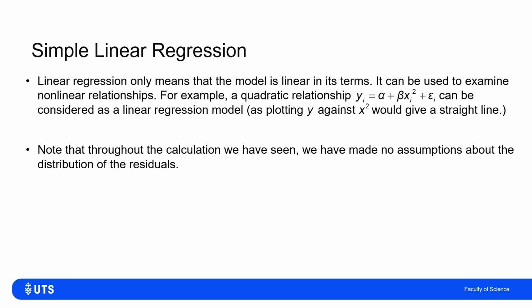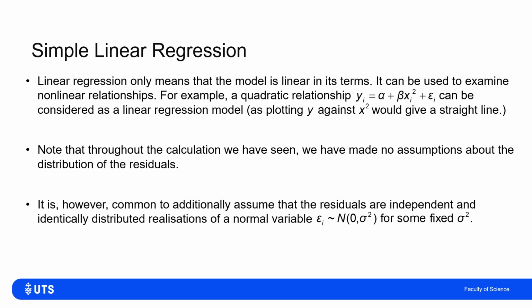The other thing to note is that to this point, we've not made any assumption about the distribution of the residuals. It's often said that you need the residuals to be independent and need them to be normally distributed with constant variance. That actually isn't true. We haven't actually assumed that at any point.